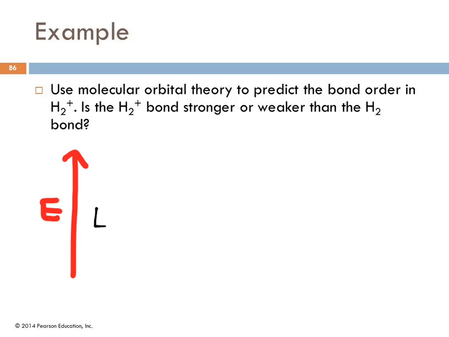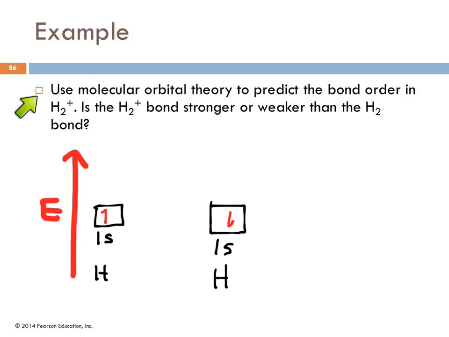Over here we have a 1s orbital from this hydrogen atom, and over here we have a 1s from that hydrogen atom. Each of these has 1 electron, right? We're going to draw this one up, and that one down. That would be H2.